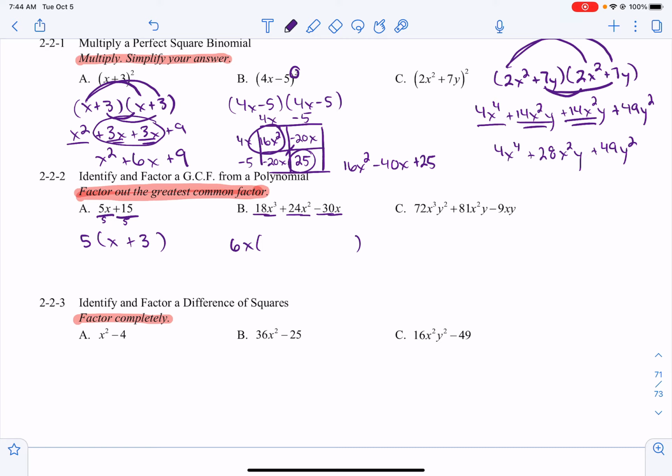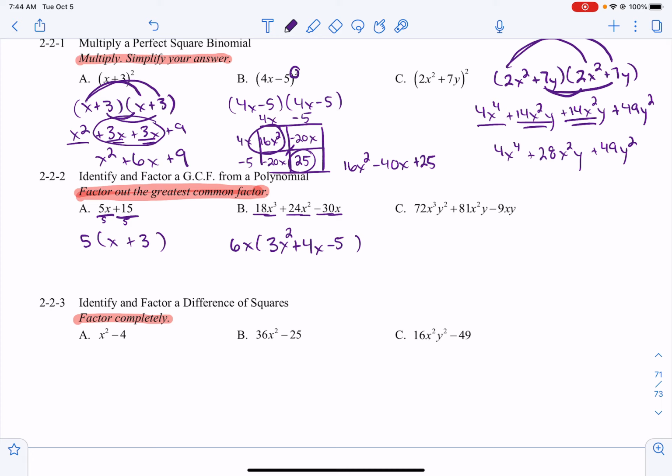So now I divide. 18 divided by 6 is 3. X cubed, if I'm taking one of the x's away, is left with x squared. Plus 24 divided by 6 is 4. X squared, if I take an x away, just becomes x. And then negative 30x, negative 30 divided by 6 is negative 5.